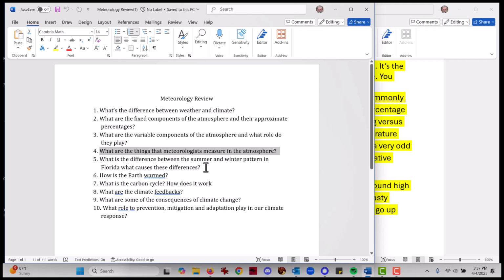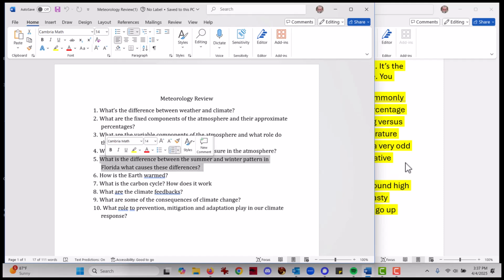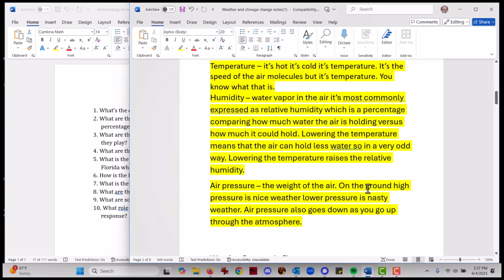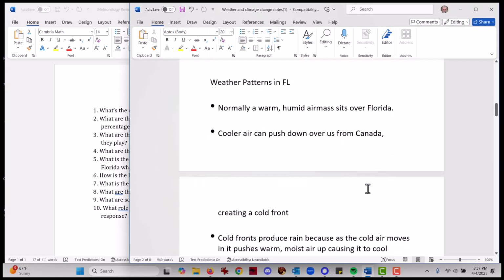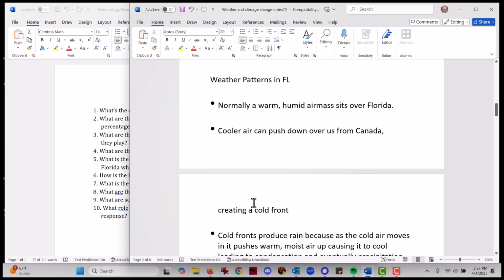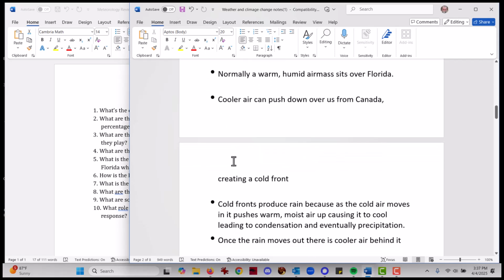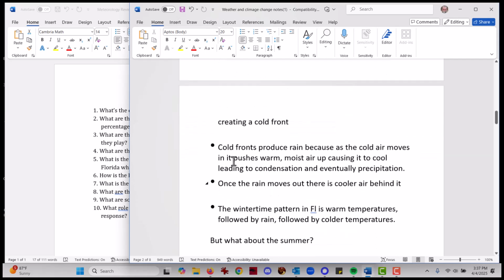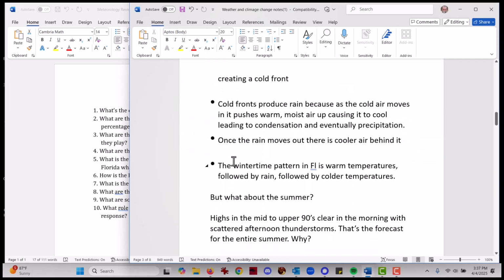And then we talked a bit about weather patterns. What is the difference between the summer and wintertime pattern, and what causes these differences? And it's right here, underneath where, oddly enough, it says weather patterns in Florida, right? And so the wintertime pattern, we get, oddly enough, cold fronts, right?